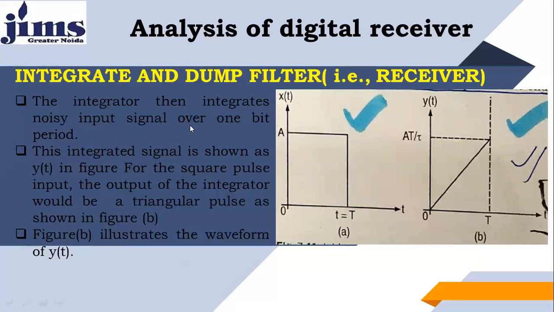Then what happened? Look at the picture. This is your input. To understand the basic concept, we assume there is no noise. So we have a square pulse of duration t equal to capital T, having amplitude A, which is the pulse that reaches the receiver.